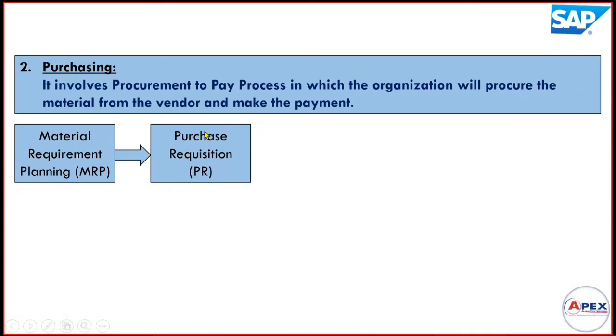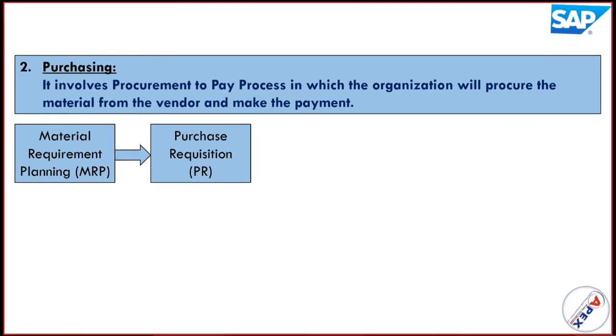In an interview, they will ask you what a purchase requisition is. A purchase requisition is an internal document created by the production department for the purchasing department. The PR is sent to the purchasing department saying that we have a requirement for so and so material to manufacture the particular product.